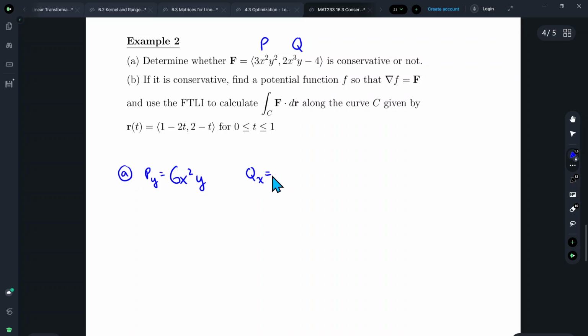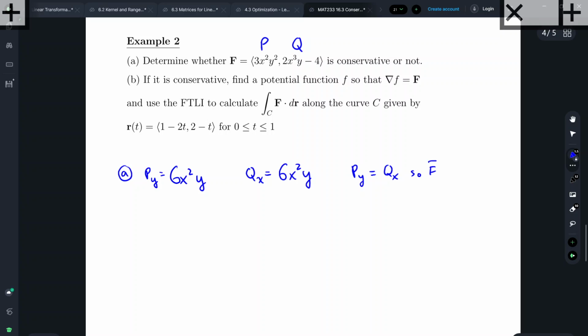The partial of Q with respect to x: this part is 3x squared, 3 times 2 is 6, and then we have the x squared, the y is still there, and the derivative of a constant is 0. So we see that the two partial derivatives are equal, so F is conservative.